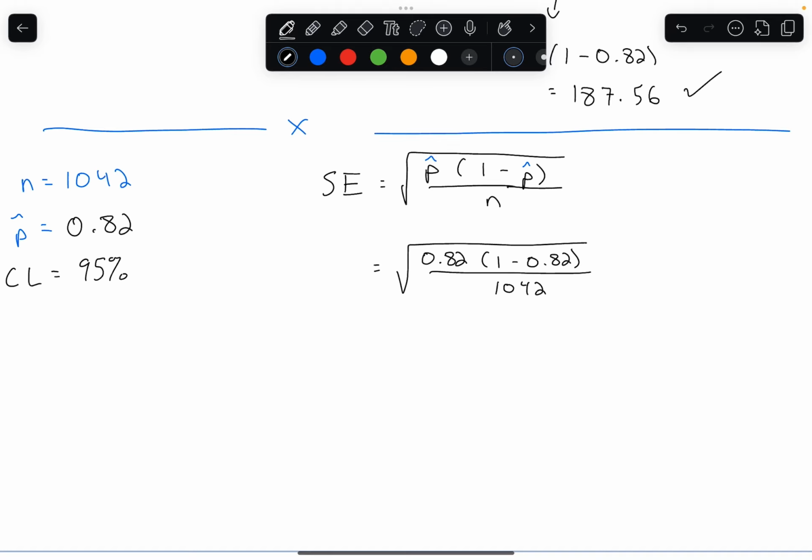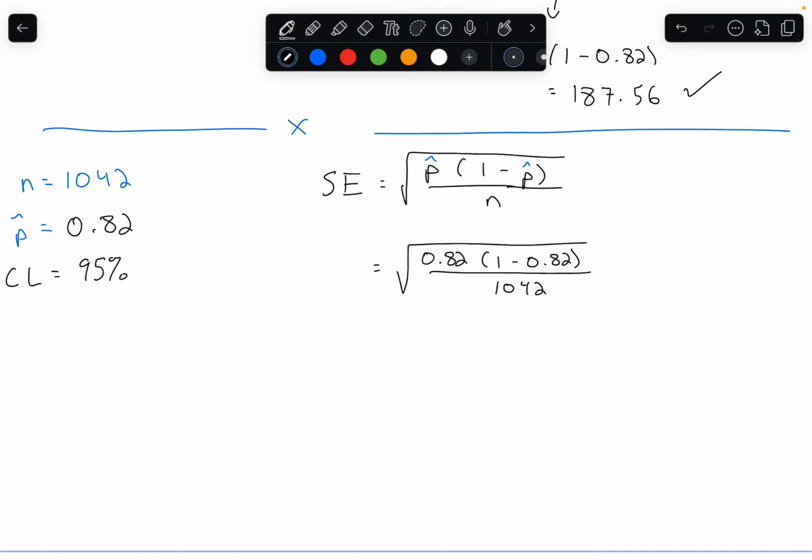Be very careful with this calculation. It's a little bit more complex than some of the other ones that we've seen. If you're going to try to do this all in one step, make sure that you are careful with your graphing calculator. If you have any issues with your graphing calculator, please let me know. I'm happy to help walk through the process. I like to usually break it up into a couple of different steps.